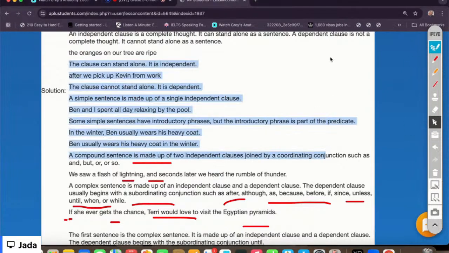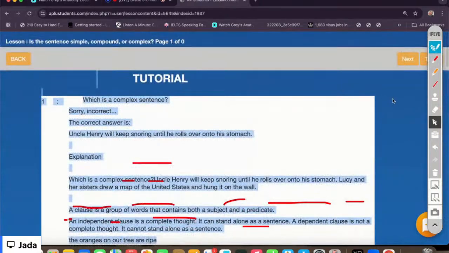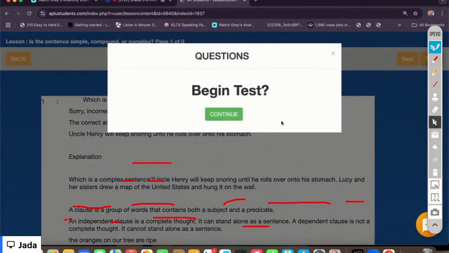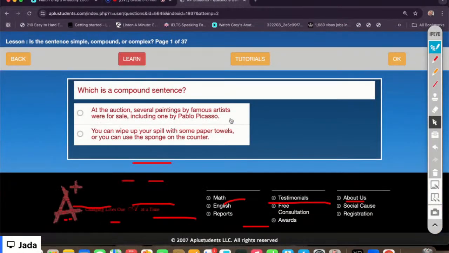Okay. So thank you for your sentences. We will move on to the test. But before we move on, you can let me know, do you have any questions? You can tell me.